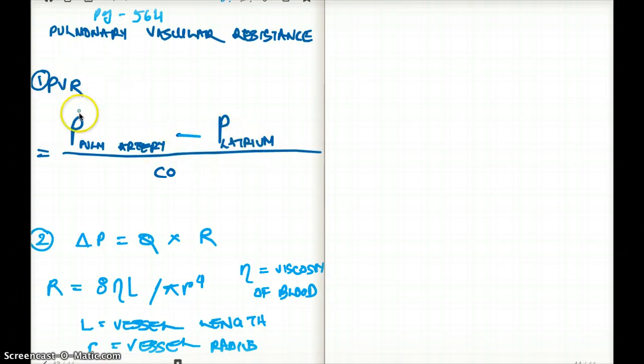We just want to find only the vessel resistance, that's why we're subtracting that from the pulmonary artery pressure. So that's one way of finding out PVR. The second way is using this universal equation, which is also used in physics. Delta P equals Q times R, where P is pressure, Q is flow, and R is resistance.